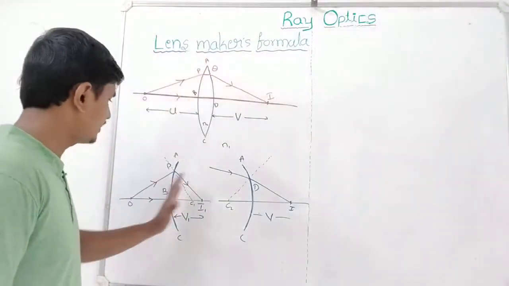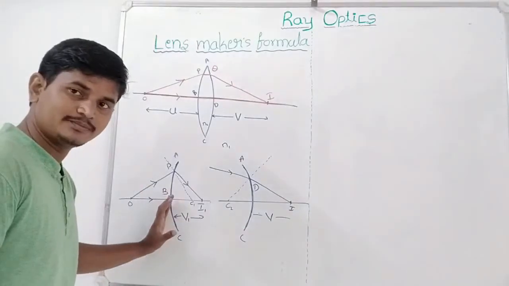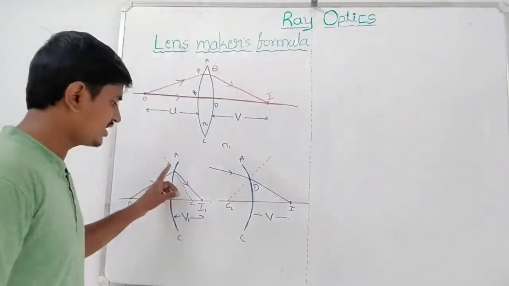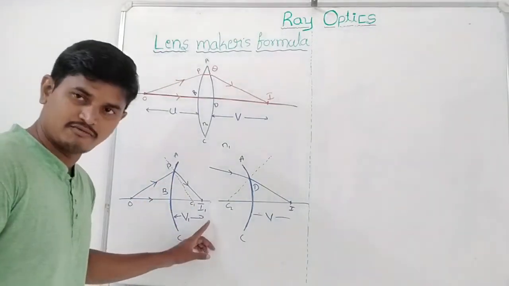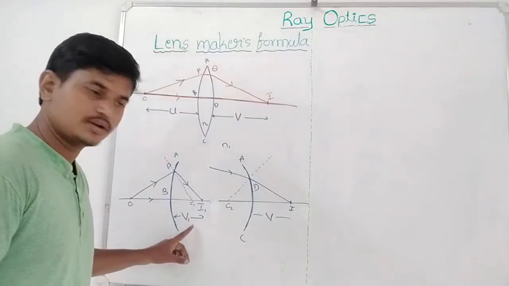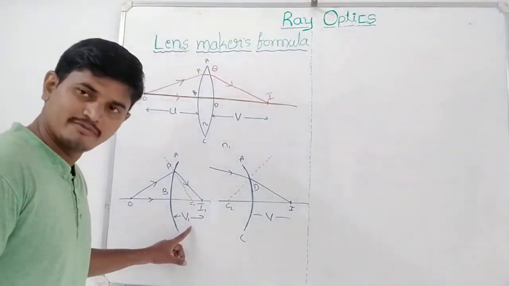So the first surface I am taking now. This is the first surface imaginary diagram. After refraction which forms the image I1, this is a virtual image, and its image distance is considered to be V1.